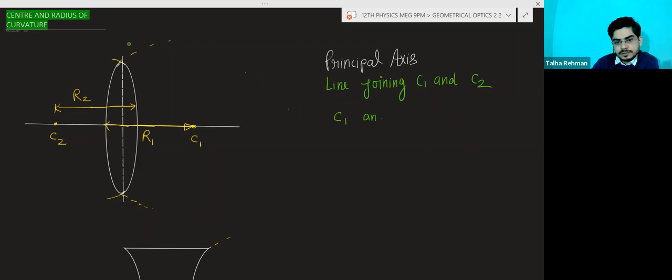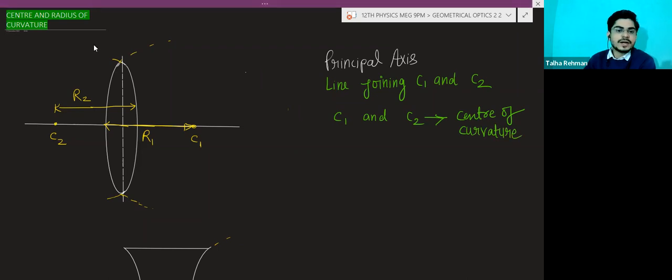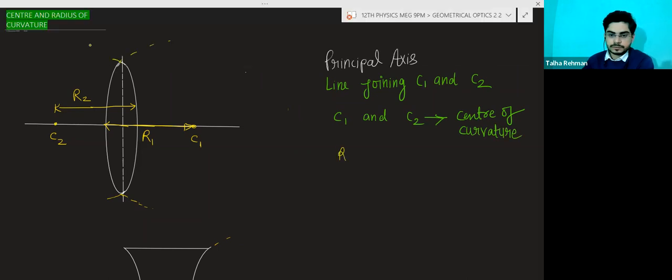C1 and C2 are the centers of curvature. R1 and R2 are the radii of curvature.